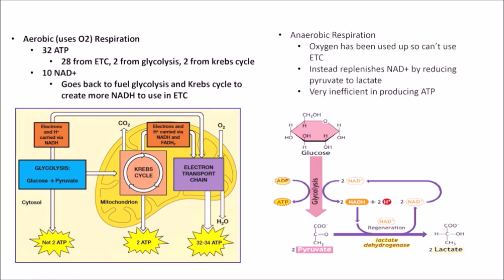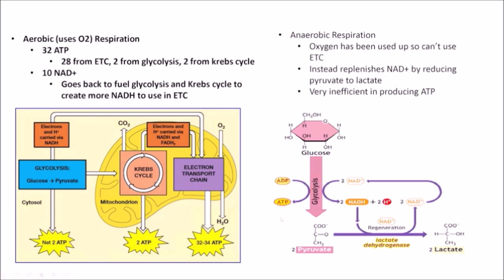When you are playing sports or jogging or running, or you have just gotten really out of breath, you won't have enough oxygen to be able to use as the final electron acceptor. And so that's when you have anaerobic respiration. Instead of going through the whole process of glycolysis and the Krebs cycle and the electron transport chain, your body will just use glucose, go through glycolysis, take that pyruvate and turn it to lactic acid or lactate in order to regenerate NAD plus to be used in glycolysis.